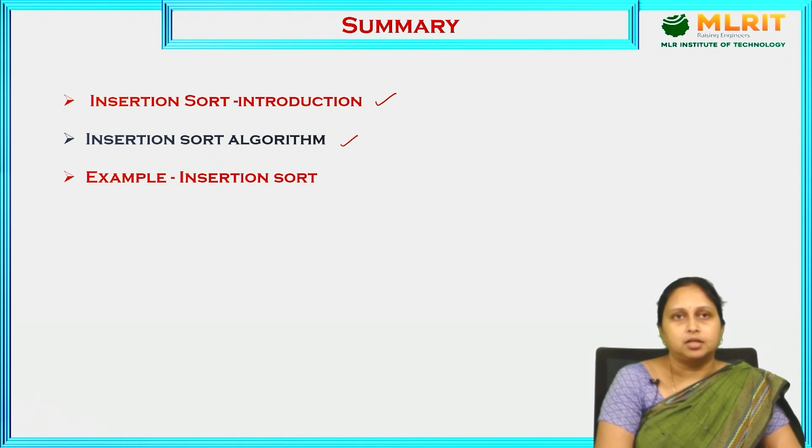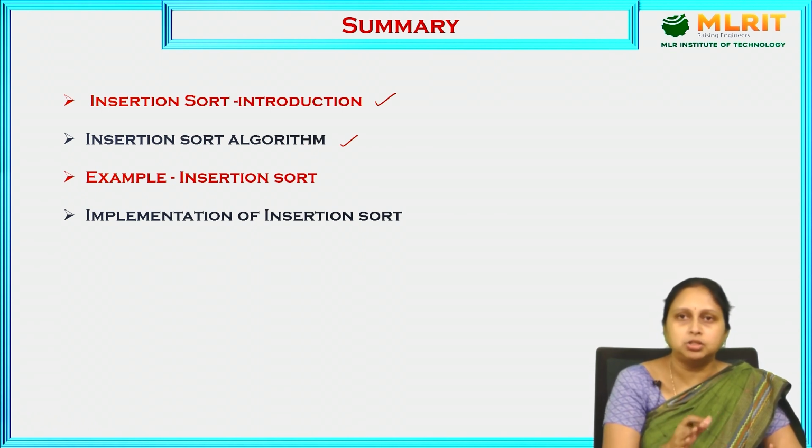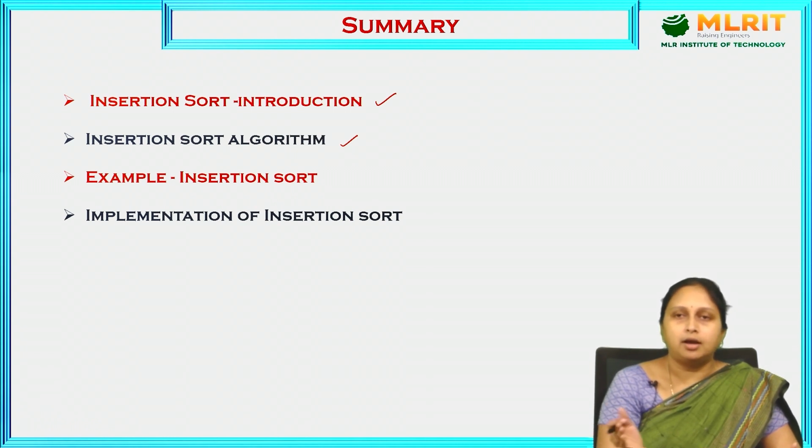Then we have seen the implementation part of insertion sort, the logic, how it is going to work, and how we are going to swap them, or we can say how we are going to insert the element in the proper position.